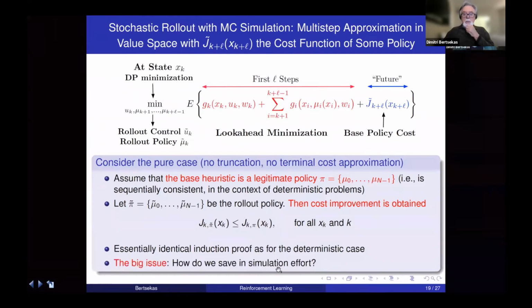Now, the big issue here is how do we save in simulation? Because the simulation here is daunting for every possible control. Let's even focus on one step lookahead. For every possible control, you have to do Monte Carlo simulation, lots and lots of sample trajectories to average.